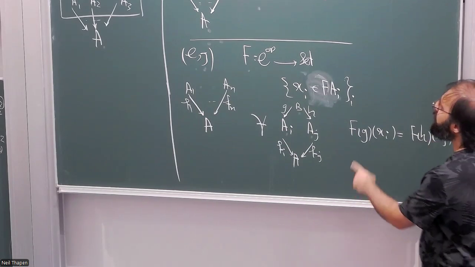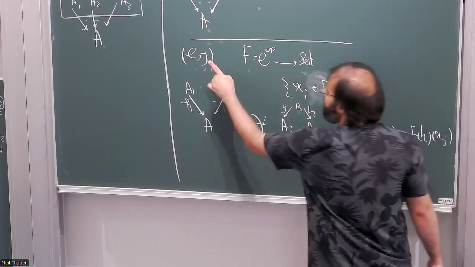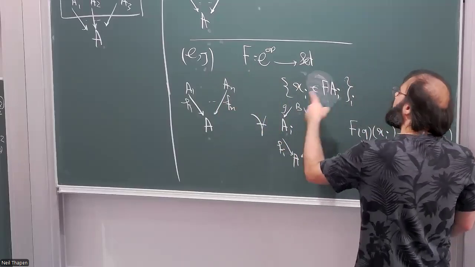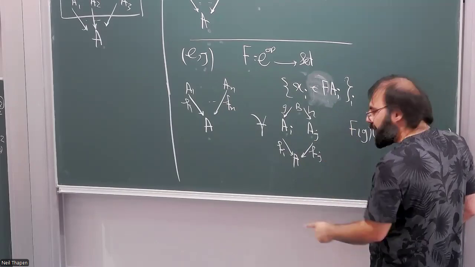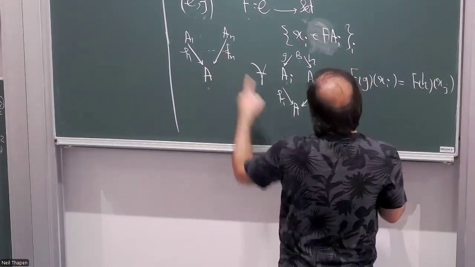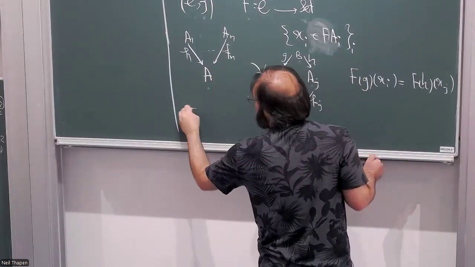So this is just the definition of being a compatible family. For this fixed covering family of a fixed A, this family is called a compatible family when I have this property.